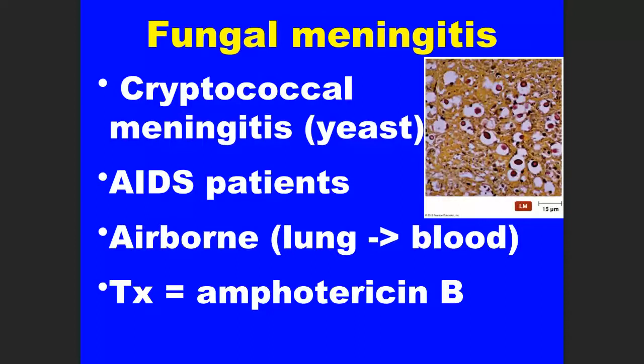Now, fungi can cause meningitis, but this is really rare. The only people that really have to worry about meningitis caused by a fungus are people that are immunocompromised, mainly people with AIDS. There is a type of fungus called Cryptococcus neoformans.